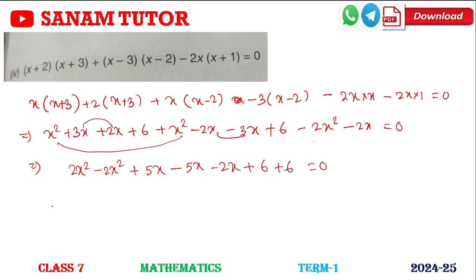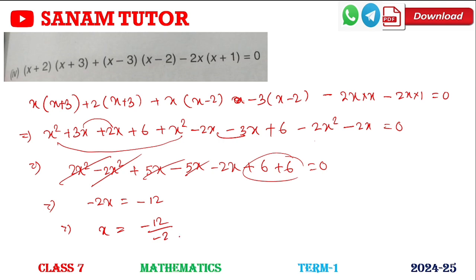This will cancel. So 5x minus 5x also cancels. So minus 2x equal to minus 12, because here is plus 12. When we go to the right side, then it will be minus 12. So x equal to minus 12 by minus 2, that is 6. So answer is 6.